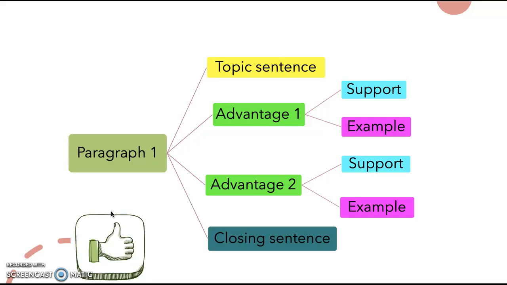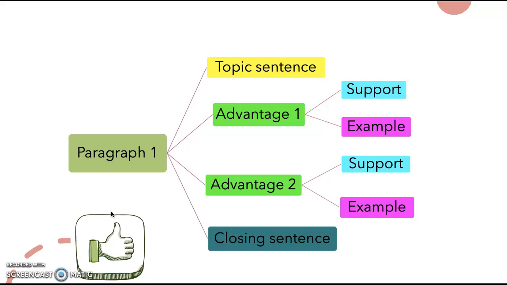At the end of the paragraph, we're gonna have a closing sentence that basically concludes this first paragraph. Ideally, each of these elements should be one sentence, and then you would have a punctuation mark or a connector, and then the next sentence or the next element of the paragraph.